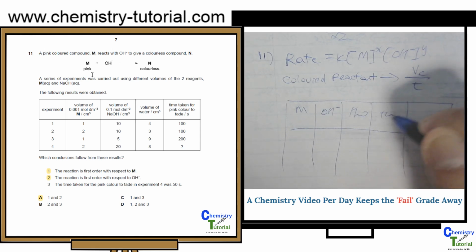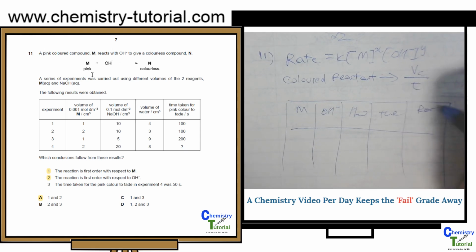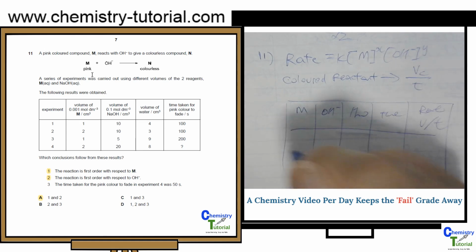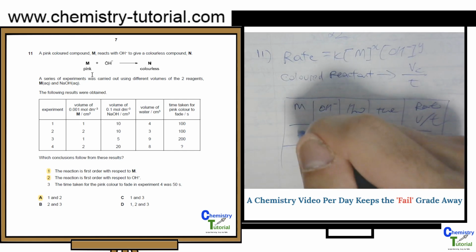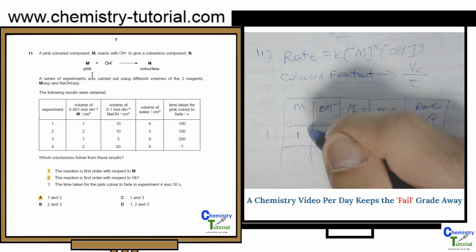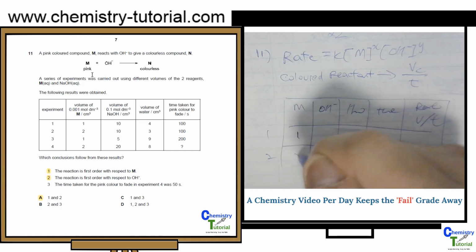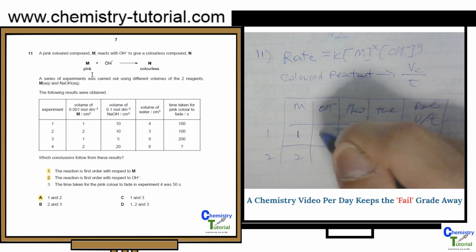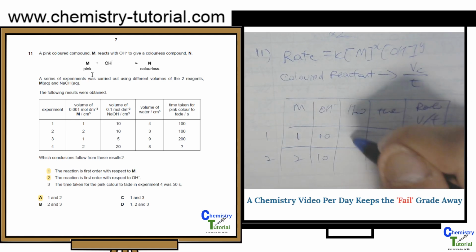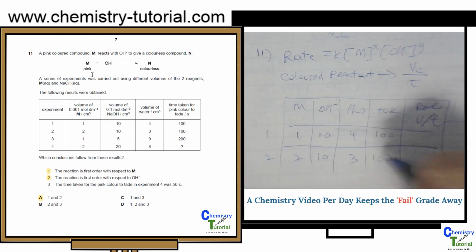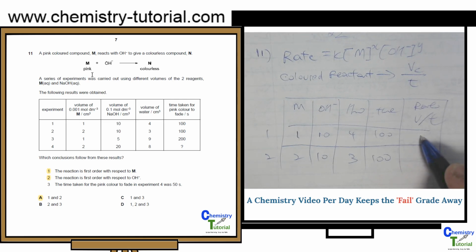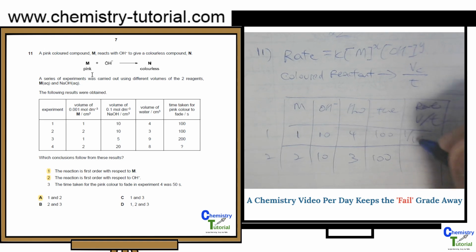But now my rate will be V over T. For experiment 1, M is 1. For experiment 2, this is 2. Hydroxide is 10, 10. Water is 4 and 3. Time is 100, 100.